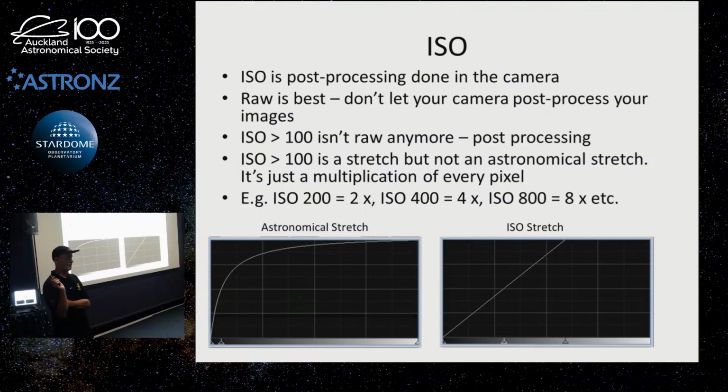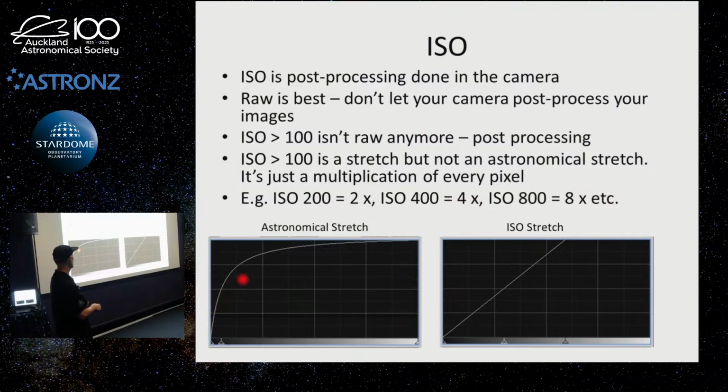That's not what you want, because for astronomical purposes, you want to multiply the dim parts of the image by more than the bright parts, because the bright parts are the stars, and you don't want to multiply them any further. You want to keep them the same. So an astronomical stretch is this one here, where the brightest stars get no stretch, and the dimmest nebulosity gets most of the stretch.